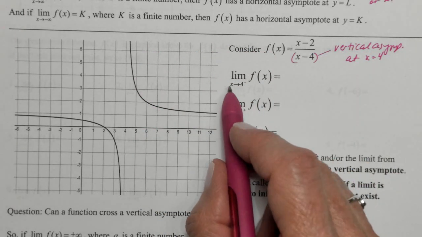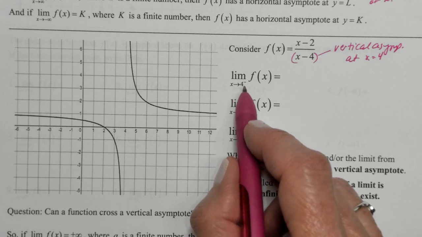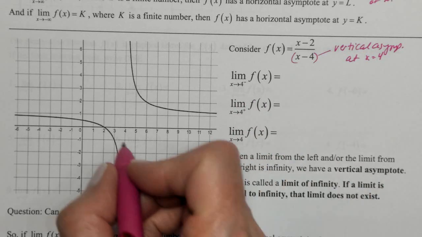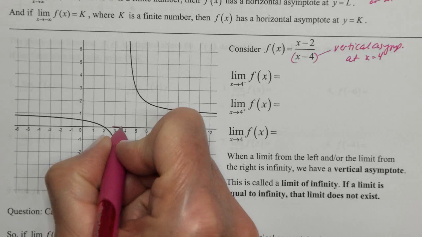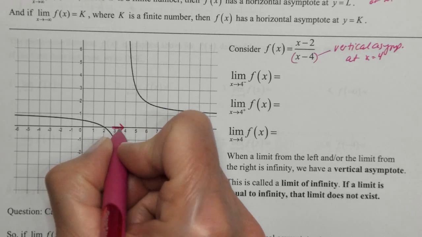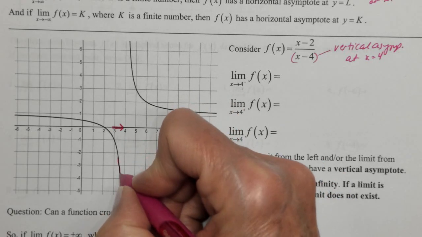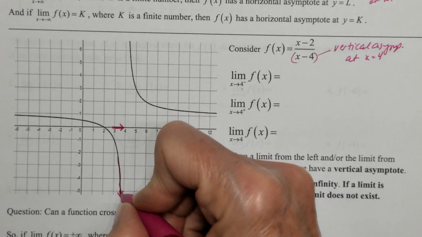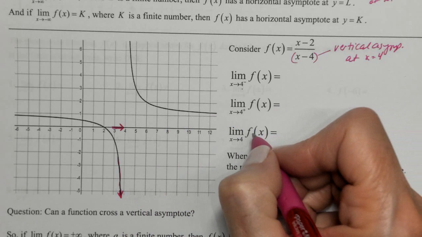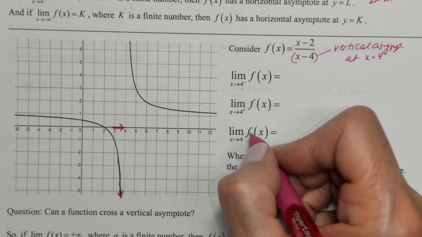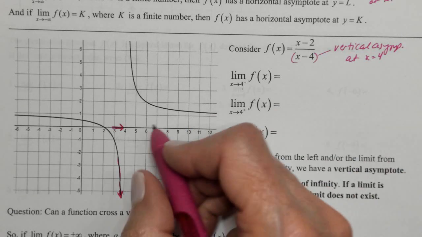Okay, let's find the limit as x approaches 4 from the left. So x is approaching 4 from the left. What is happening to y as x gets closer and closer to 4 from the left?